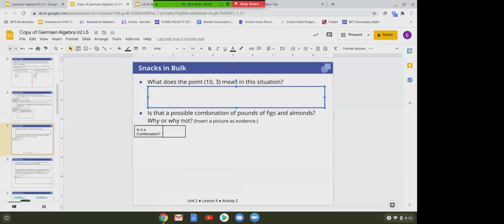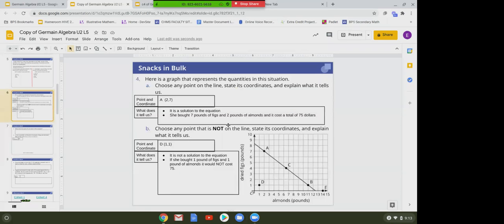I don't think it represents a combination of figs and almonds. I'm not sure. So let's work it out together. So it's 10, 3, and coordinates are in x, y. So that means the 10 is going to be on our x-axis. So we're buying 10 pounds of almonds and 3 pounds of what?